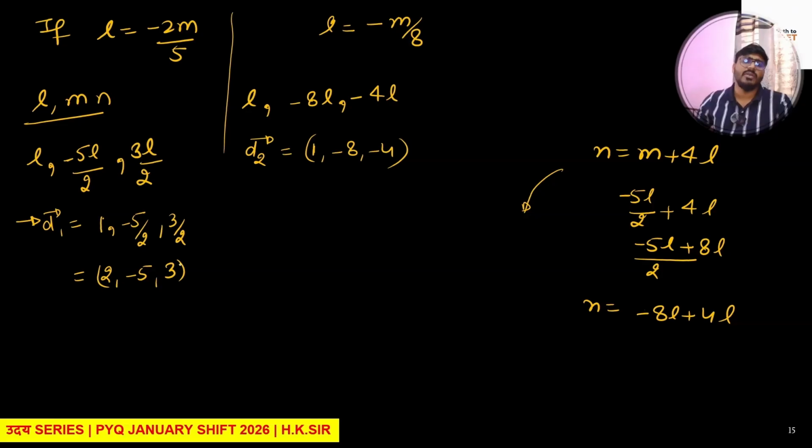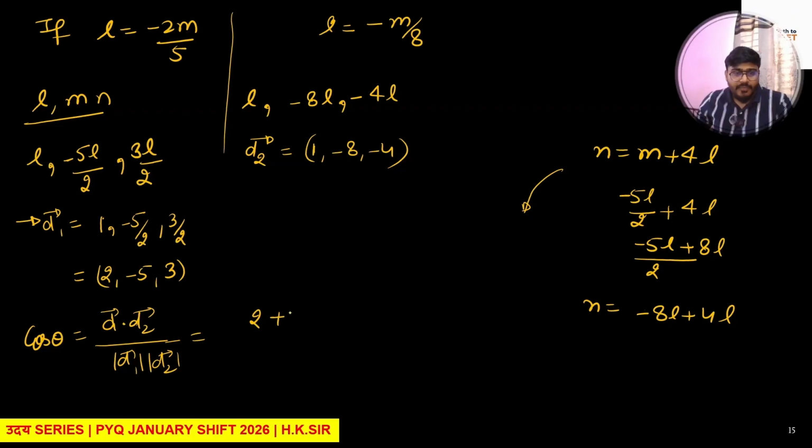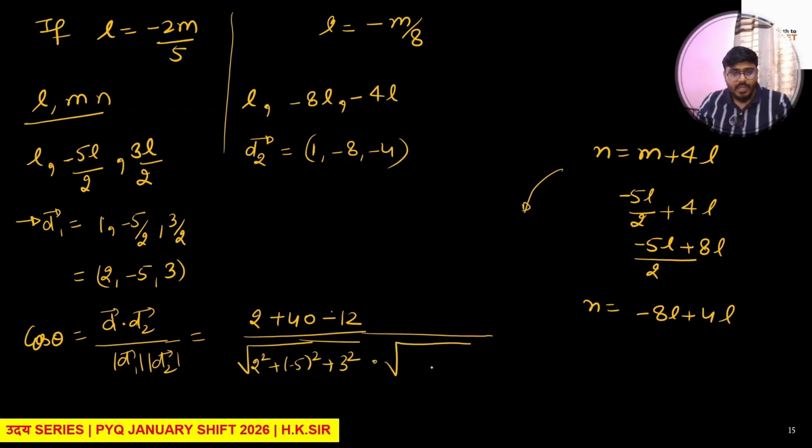Now they are asking for the cosine between these two lines, so cos theta equals d1 vector dot d2 vector upon magnitude of d1 vector times magnitude of d2 vector. So d1 dot d2 is 2 into 1 is 2, 8 fives are 40, 3 fours are 12, minus 12, divided by magnitude of d1, which is root of 2 square plus minus 5 square plus 3 square, into root of 1 square plus minus 8 square plus minus 4 square.